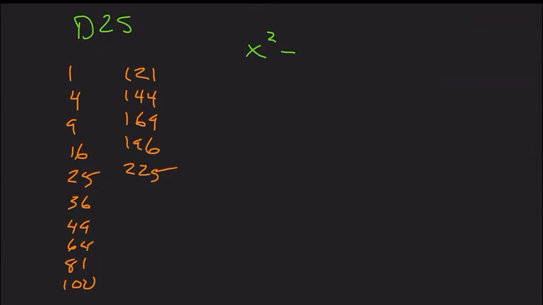Difference of two squares problems will look something like this. And so let's remember how to solve them. Let's start with this bottom one, x squared minus 169 equals 0.